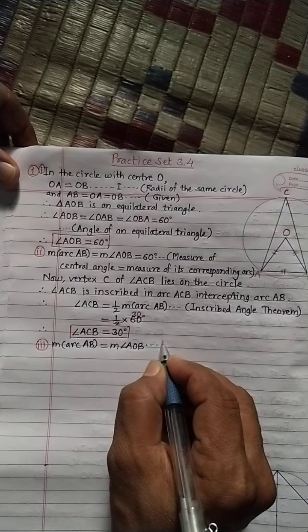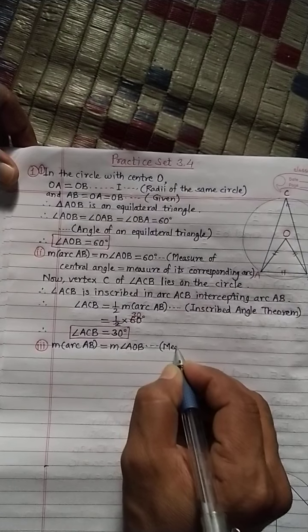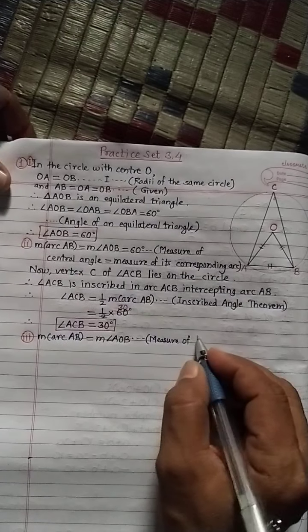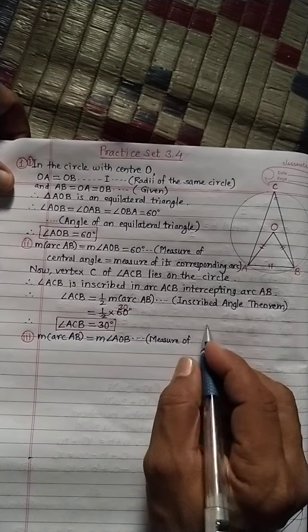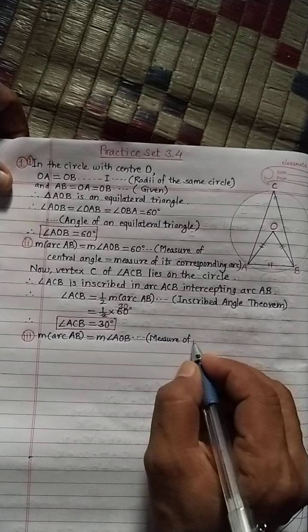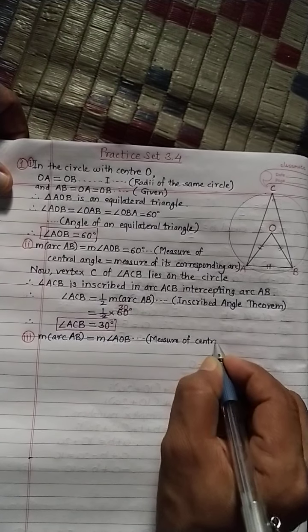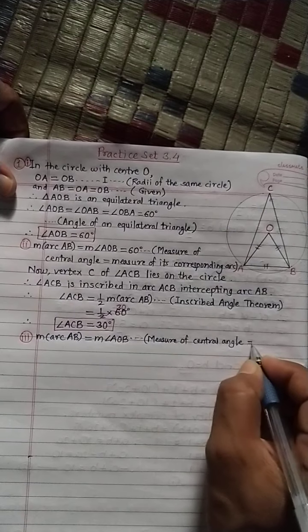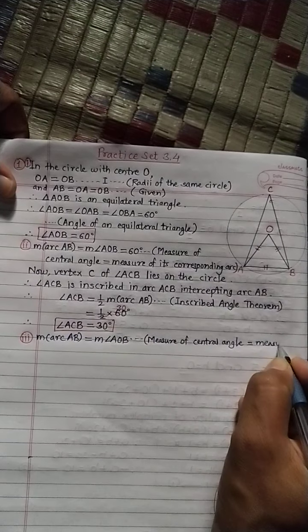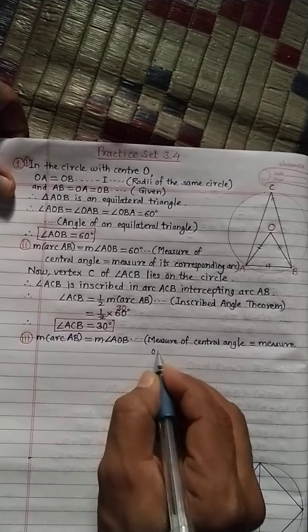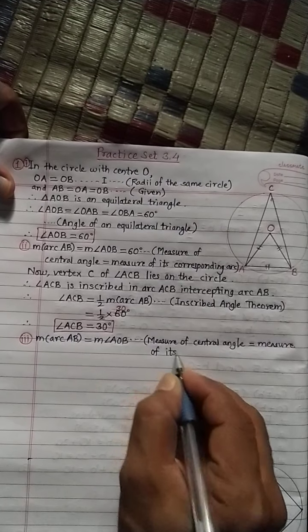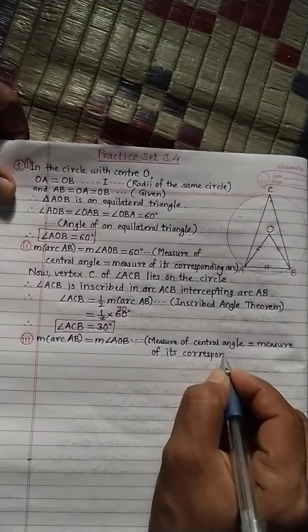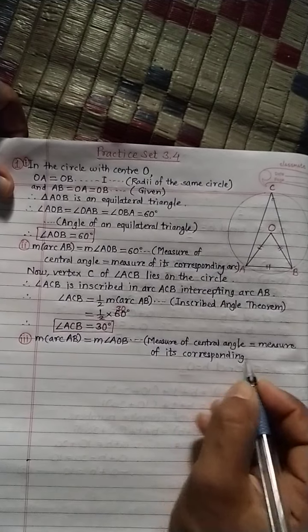Here the reason is: the measure of a central angle is equal to the measure of its corresponding arc.